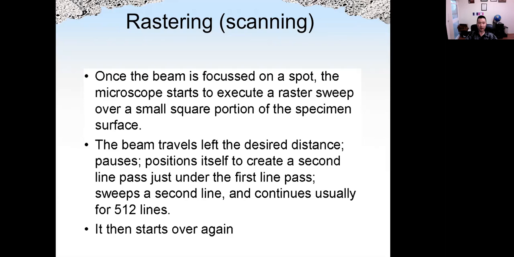One line, another line beneath the first line, from left to right, and so on. The beam travels from left to right, pauses, then positions itself to create a second line, which is underneath the first line. And then we do around 512 lines in total.